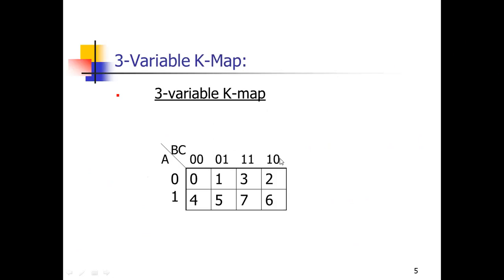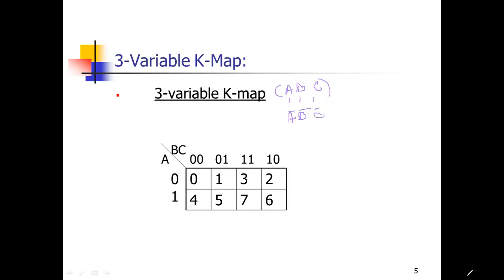Now the same concept, but here the number of variables is 3: A, B, C. As I already mentioned, wherever this is there, its complement is also there: A bar, B bar, and C bar.